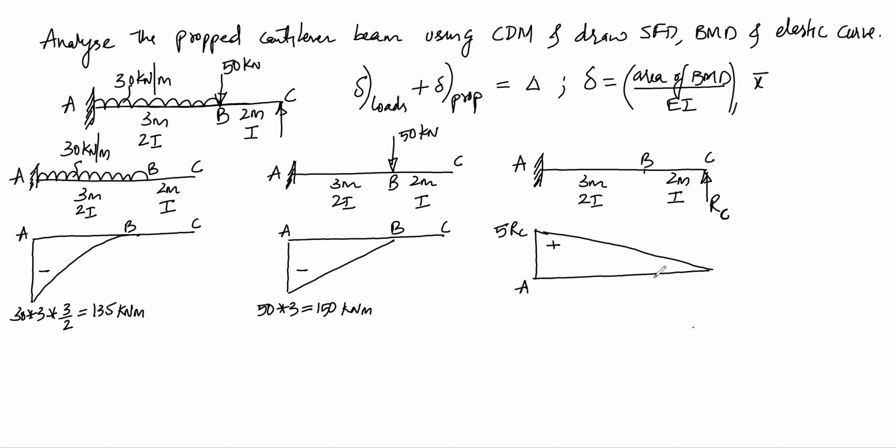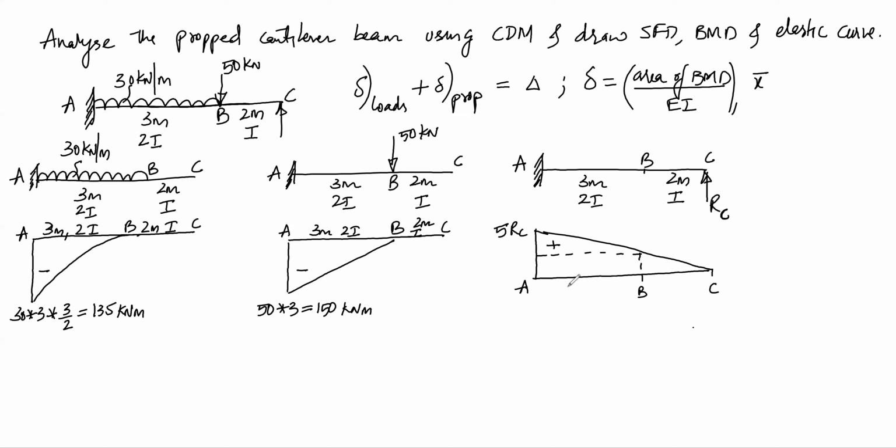This is point A, this is point B, this is point C. Now here what we have to notice, this entire region is 3 meters 2I, this is 2 meters and I, this is 3 meters and 2I, this will be 2 meters and I, and here we will have to divide this into smaller parts because we have varying flexural rigidity.